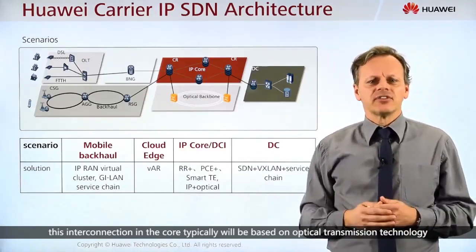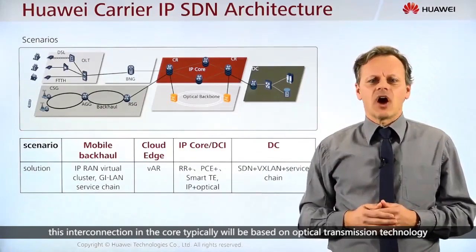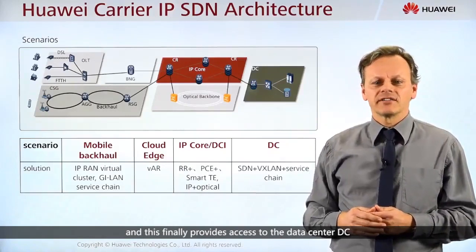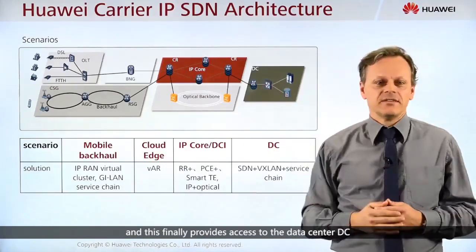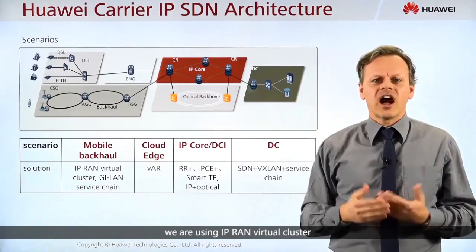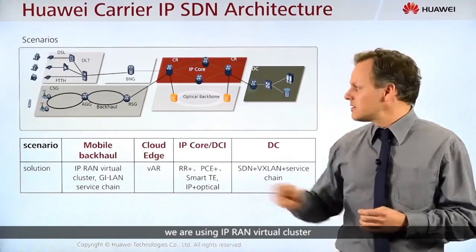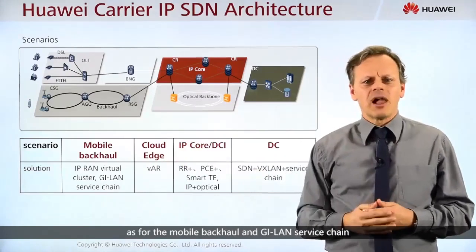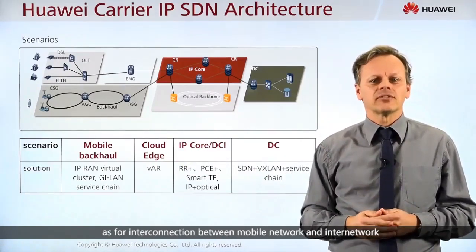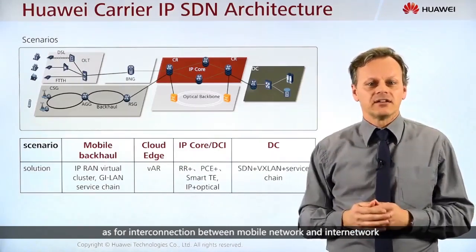This interconnection in the core typically will be based on optical transmission technology, and this finally provides access to the data center DC. For the SDN architecture, we are using IP-RAN virtual cluster as for the mobile backhaul, and GI LAN service chain as for interconnection between mobile network and internet.